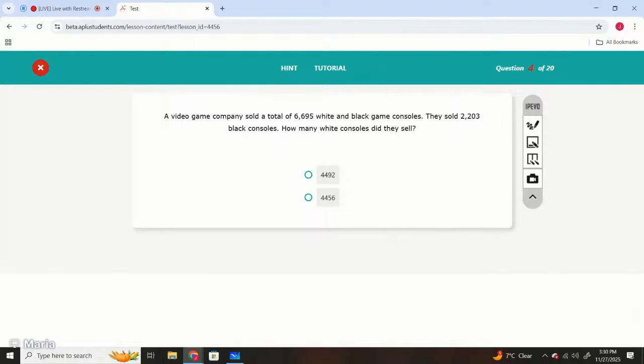A video game company sold a total of 6,695 white and black game consoles. They sold 2,203 black consoles. How many white consoles did they sell? So, which is the correct option?